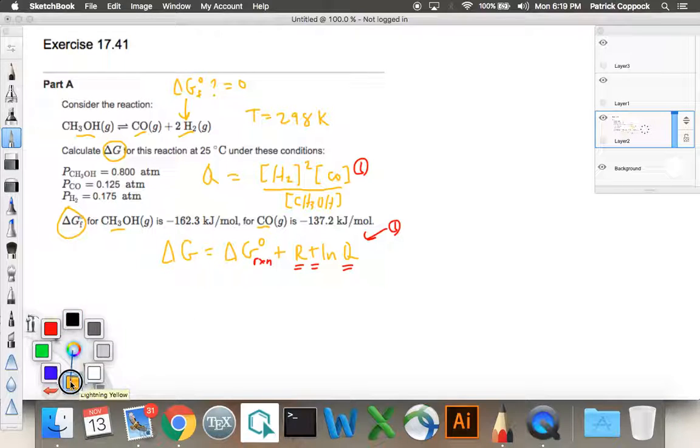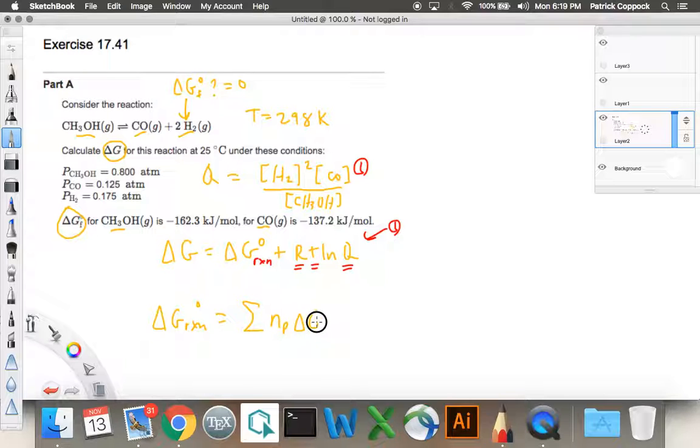So the way I'm going to do that is I'm going to say that the standard free energy of the reaction is equal to, and this is just Hess's law again, the sum of the n products' free energies of formation minus the sum of the n reactants' free energies of formation.